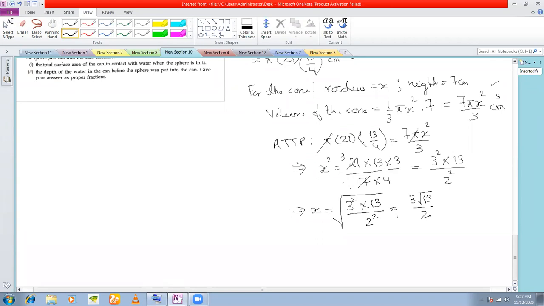Okay, so if you calculate √13, what is the question? The question here states that you have to calculate correct to one place of decimal.